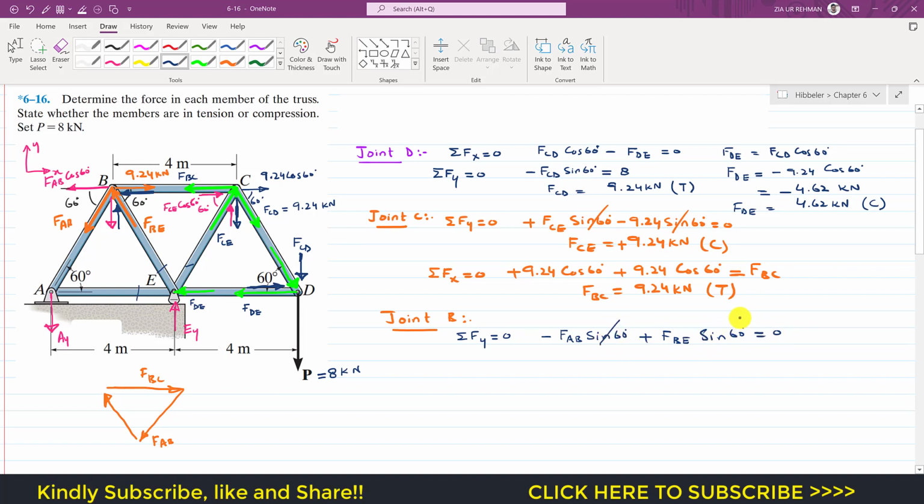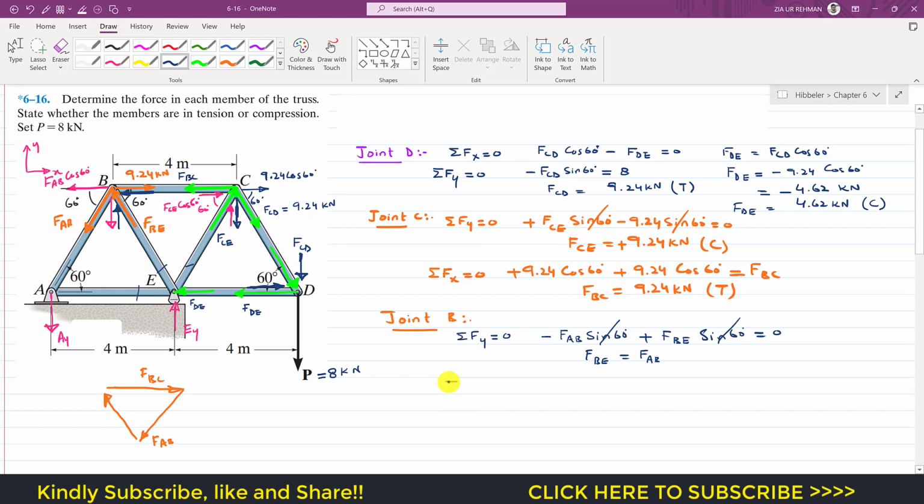If we divide this whole equation by sine of 60, we will have minus FAB plus FBE equals 0, or we can say that FBE equals FAB. So the forces in both of these members are equal, right?